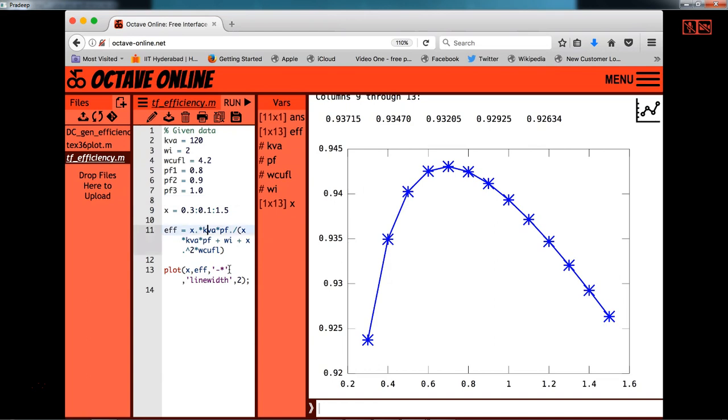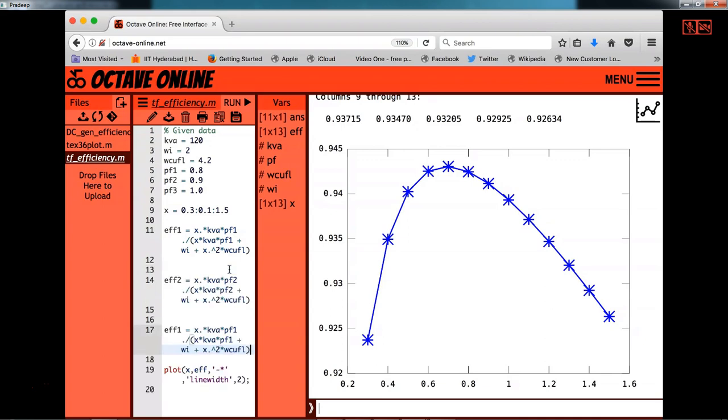So for the first, EF1, I'll use PF1. So I'll calculate three efficiency curves. Efficiency curve 2, I'll use power factor 2. And similarly, efficiency curve 3, I'll use power factor 3.